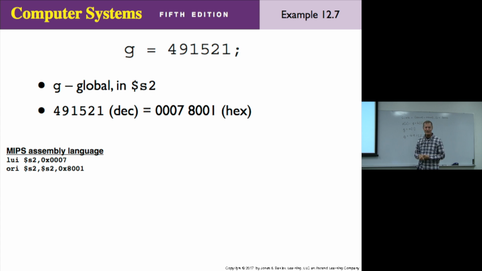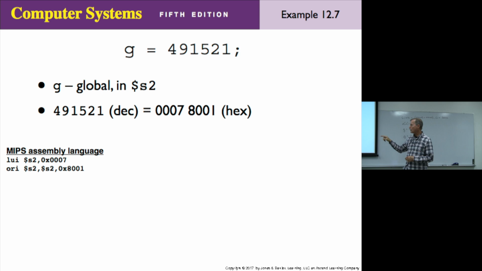Do you remember how to do that? Successively divide by 2. Or you could find some calculator on Google that would, or maybe you have a binary mode on your calculators? If you work it out, it turns out in hex to be 0007 and then 8001. So the way this statement is translated, G gets 491,521.